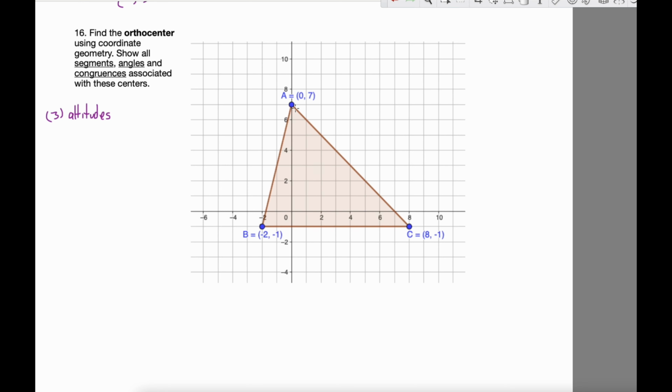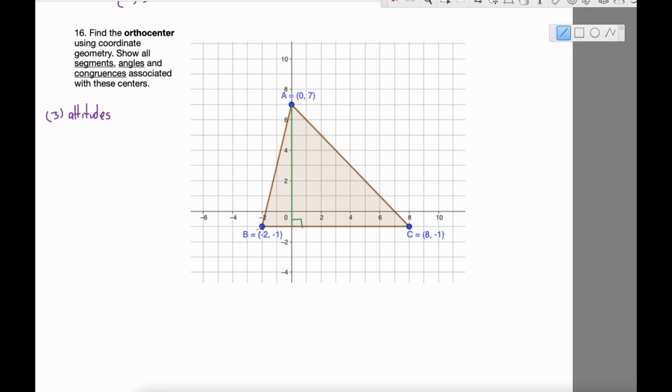So let's start at A. BC here, the base, is horizontal. So that means if we go, let's get green here, if we make a vertical line from A until we hit the base, we are going to get our first altitude right there. That's 90 degrees. So that one was easy.